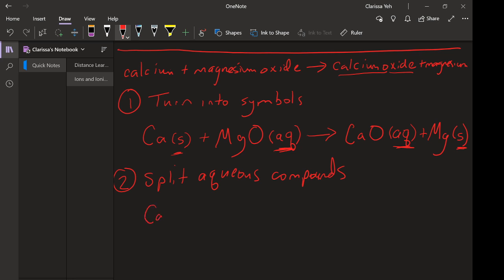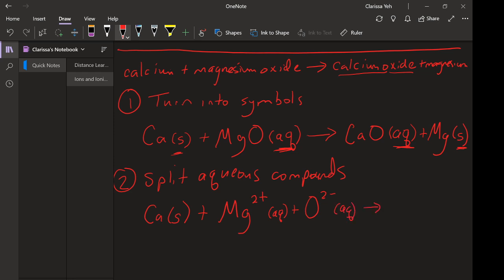So, my calcium, my solid, isn't aqueous, so I'm going to leave it as is. My MgO is aqueous, so I'm going to split that up into its charges. So we have Mg has a 2+ charge. O has a 2- charge.